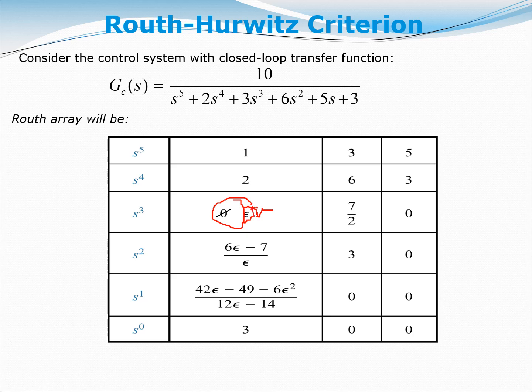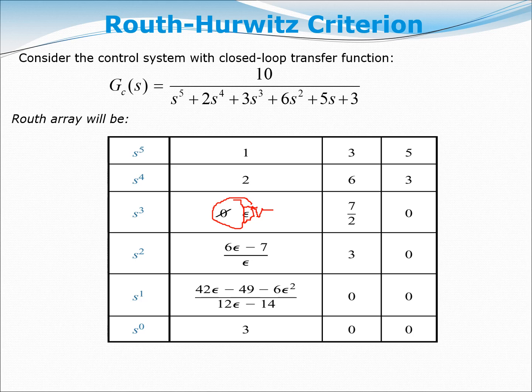Because if you still use 0, all the calculation after that will become 0. So this cannot happen in the Routh criterion. To avoid that, you need to introduce a variable which is called epsilon. So you just put this epsilon and then you continue all the calculation and you treat this epsilon as a number.